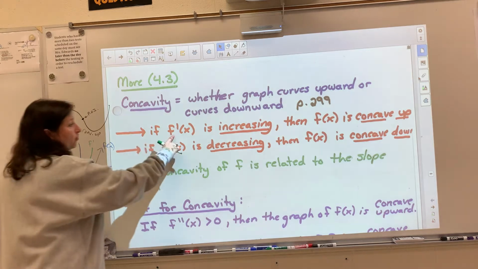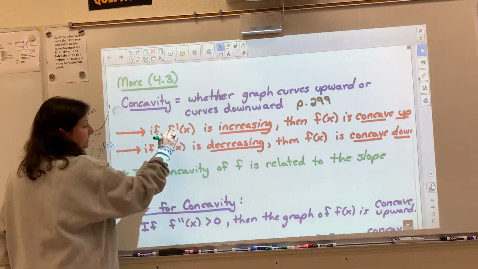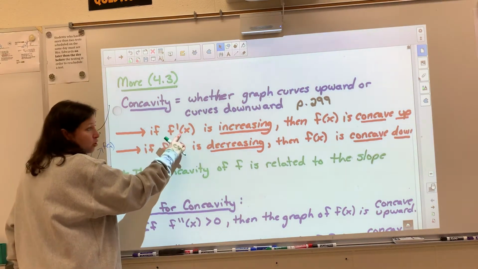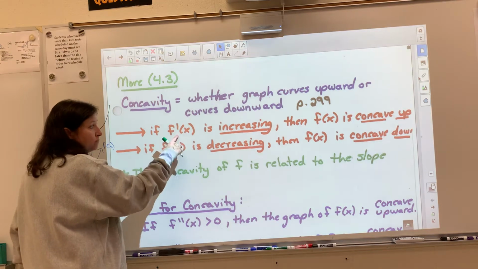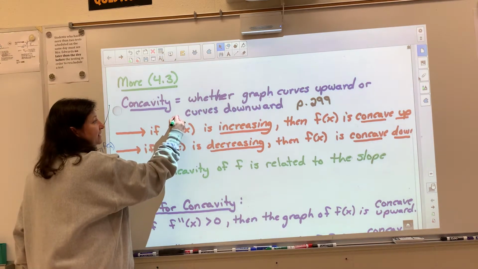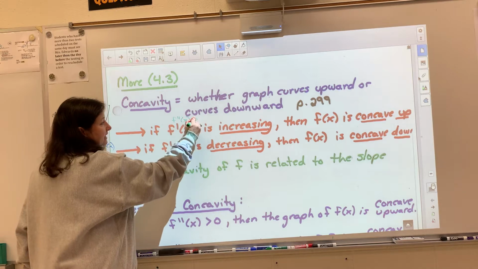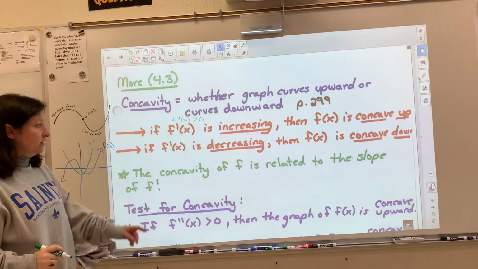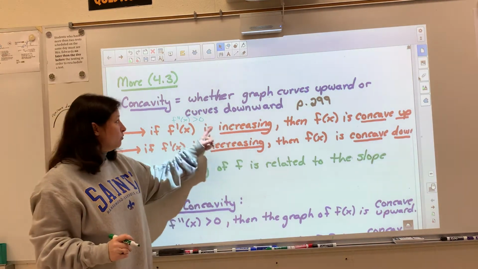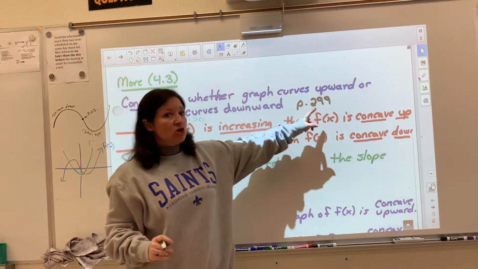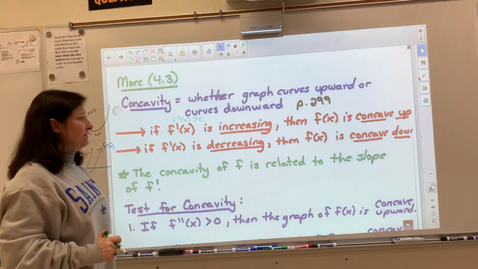So if the first derivative is increasing, then that means its slope is positive, and the slope of the slope would be the second derivative. So the second derivative is positive when the first derivative is increasing. Well, when the second derivative is positive, the original will be concave up.